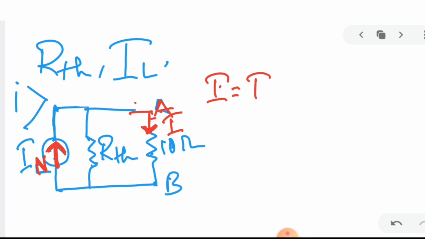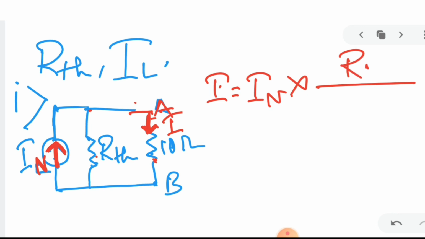IN is the total current, and the current through a resistance is taken from whichever resistance it is parallel with. From the 10 ohm resistance the I is flowing, so RTH is in parallel with 10 ohm, you can see that.